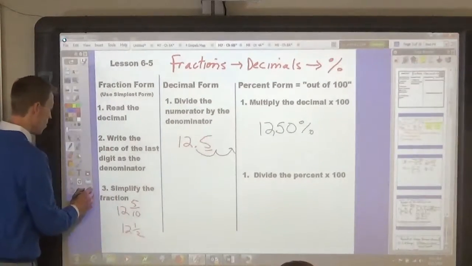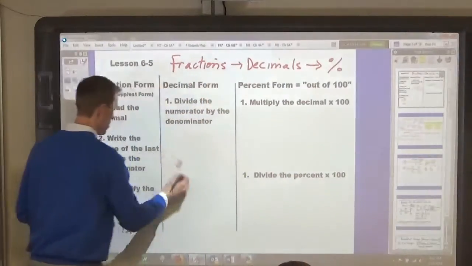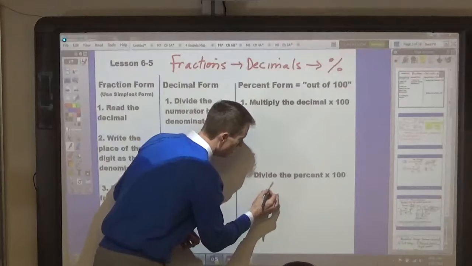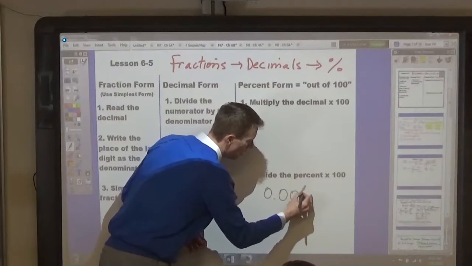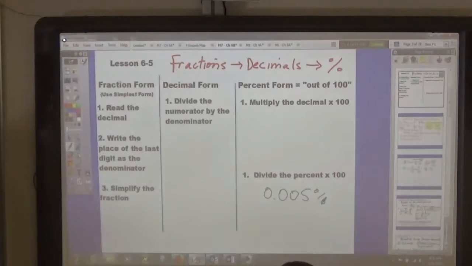Now, what about one like this? How would we figure this out? 0.005%. How do we change that to a decimal?